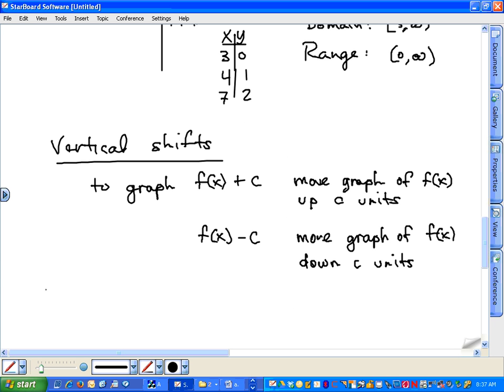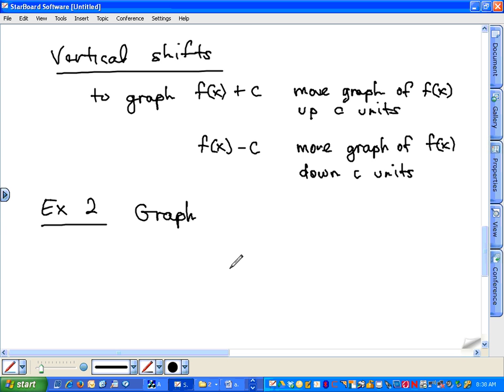So not to spend a lot of time on this, I think you guys have a pretty good handle of this already. Example 2, though. If I asked you to graph f of x equals the absolute value of x minus 4, you always need to determine where this transformation occurs.